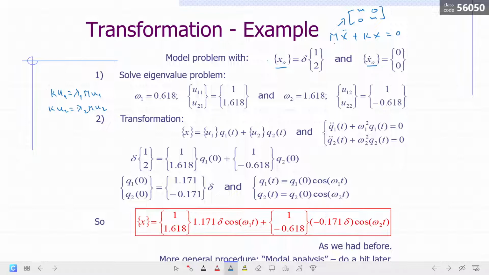We have two eigenvalues, the first eigenvalue is this one and the second is this one, and here is eigenvector u1 and this is eigenvector u2.